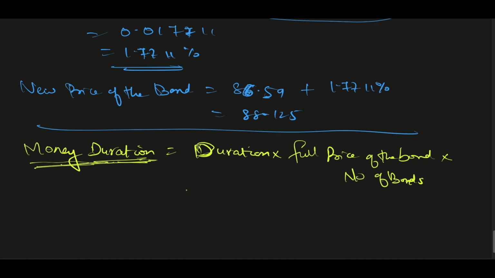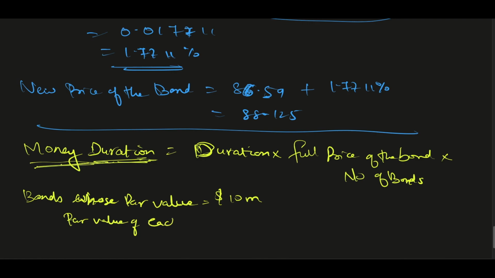So say for example, in this case, imagine you have bonds whose total par value is $10 million, and the par value of each bond is equal to, let's say, $100.